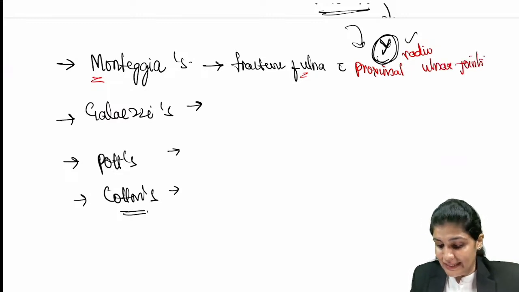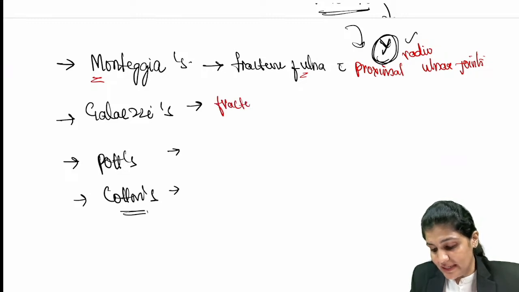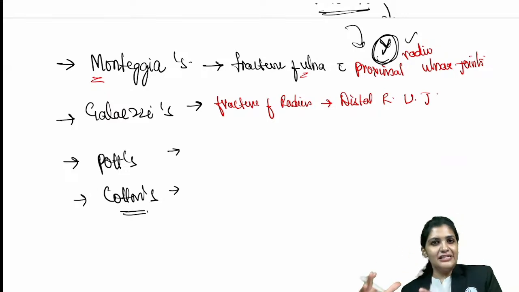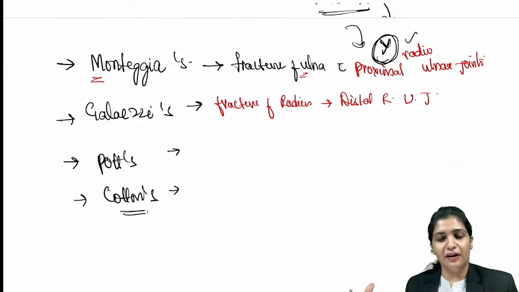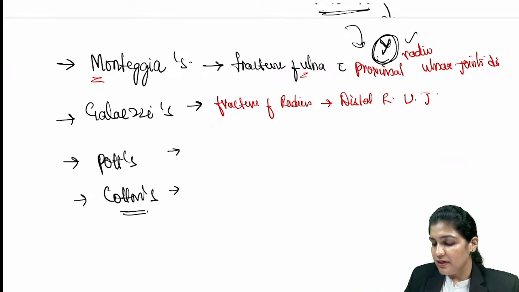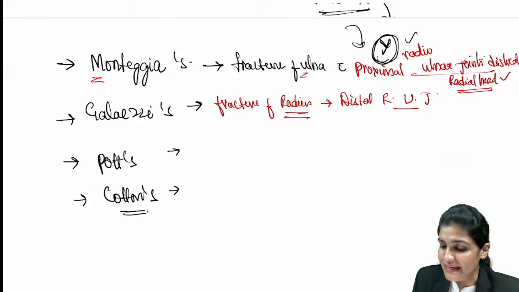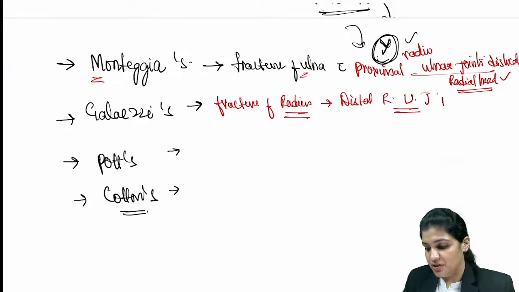And then Galeazzi is fracture of radius with distal radio-ulnar joint. Please remember the Monteggia is the ulnar fracture with proximal radio-ulnar joint dislocation. Radio-ulnar joint dislocation is nothing but your radial head, mainly the radial head dislocation. So radial head is dislocated with fracture of ulna is called the Monteggia, and Galeazzi is fracture of the radius with distal radio-ulnar dislocation. So this is the fracture of Monteggia and Galeazzi.